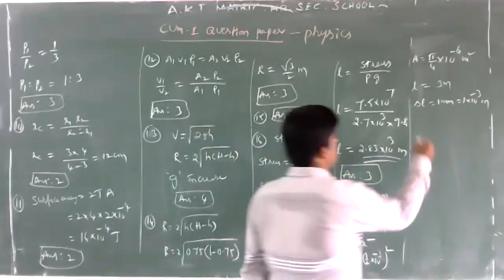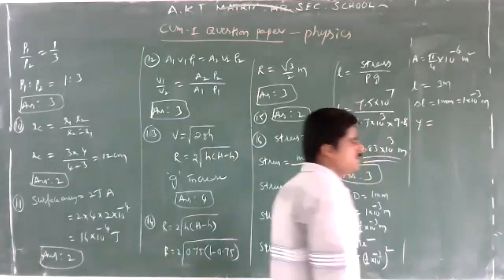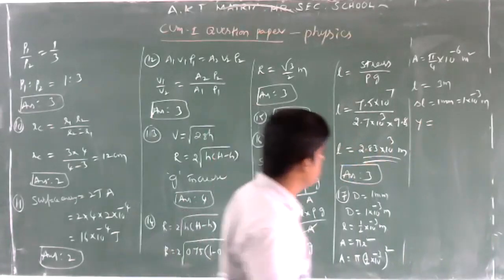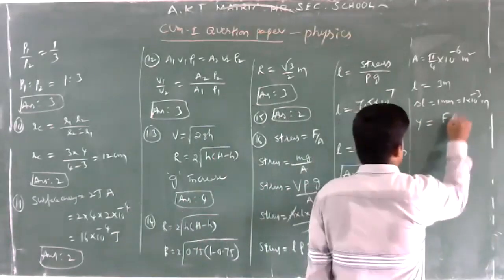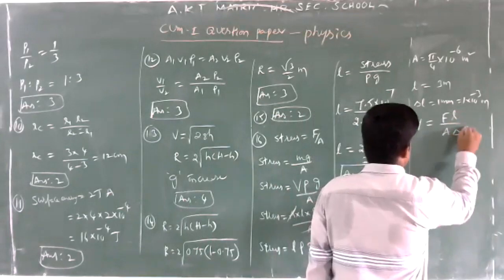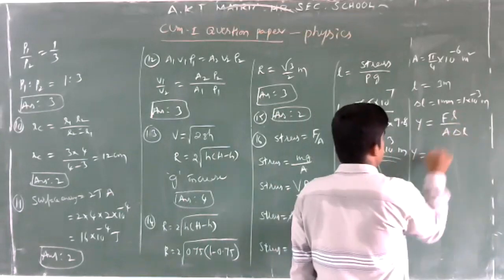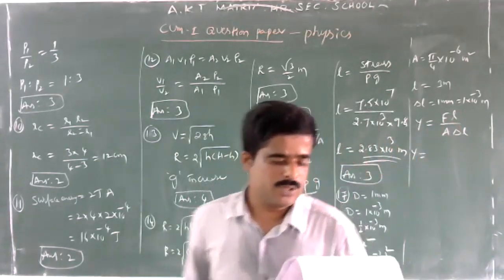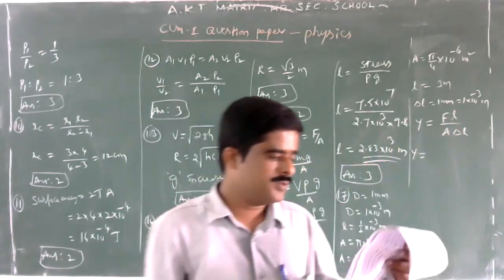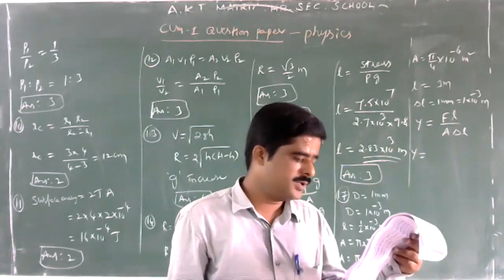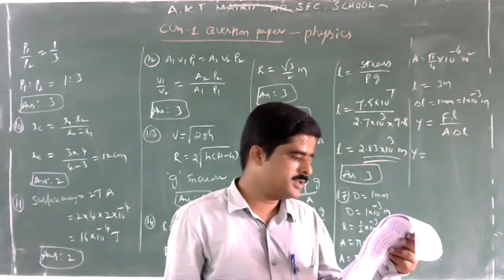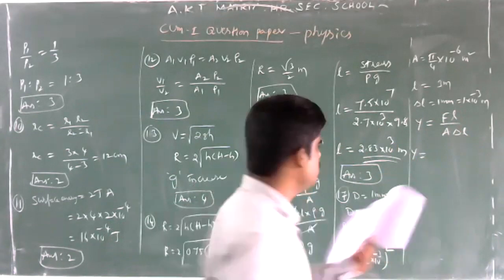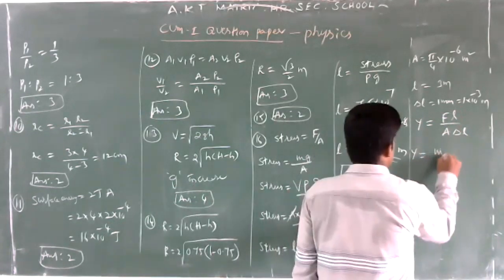Now, what is the Young's modulus formula? The ratio of longitudinal stress to longitudinal strain is called Young's modulus. The mathematical formula is Y equal to FL by A delta L. How much force is applied? A load of 2 kg produces an extension of 1 millimeter, so F is equal to the load mg.